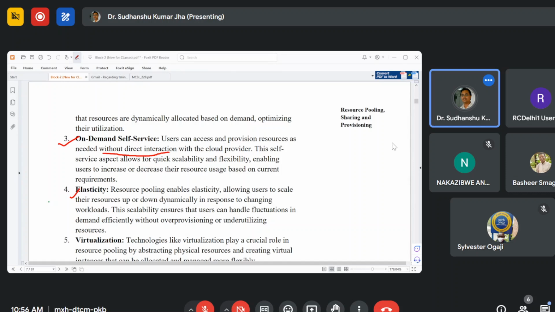Suppose five or six resources will be deallocated from you, and they may be given to some other customer. Once you utilize all your resources, then the next replica of the resources will be given. So that is elasticity: we are scaling up and scaling down the requirement and availability of the resources as per the demand.